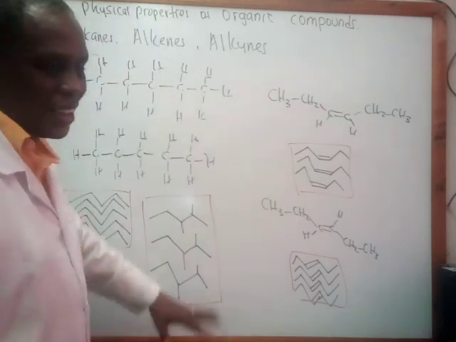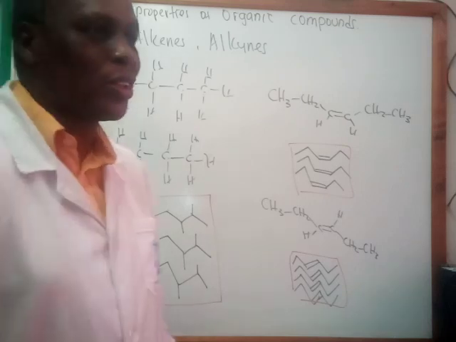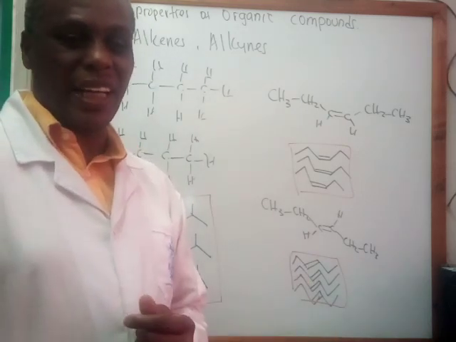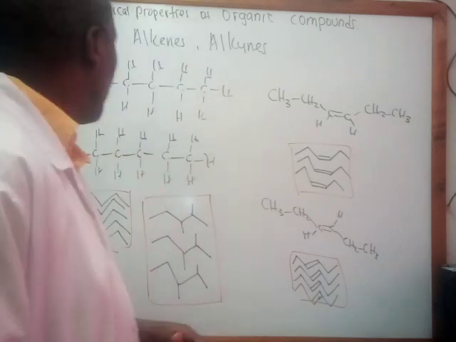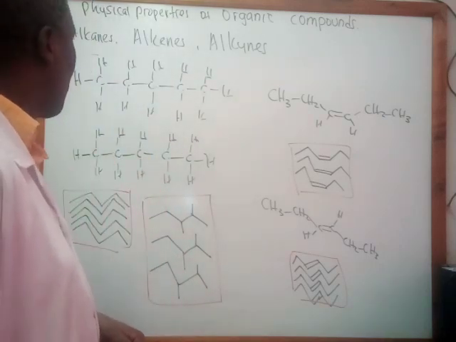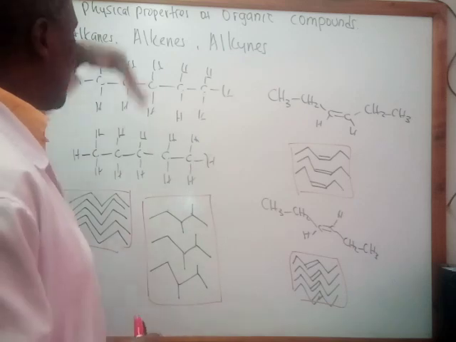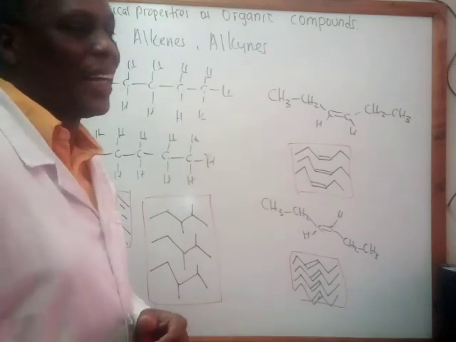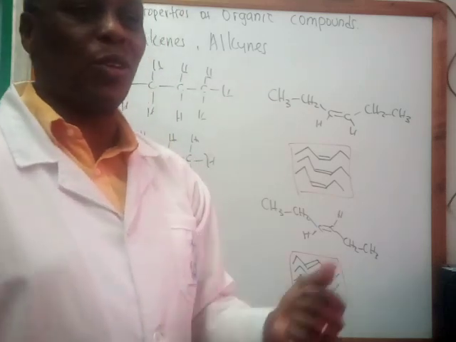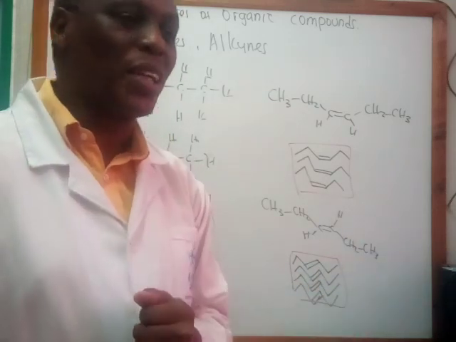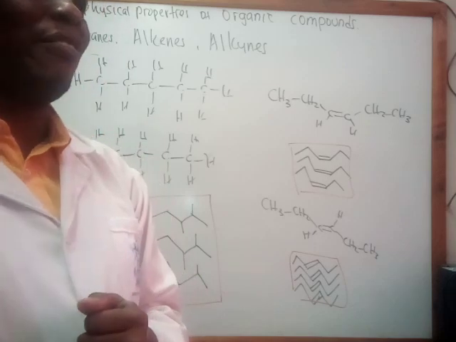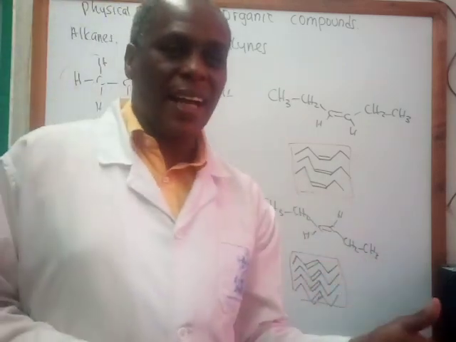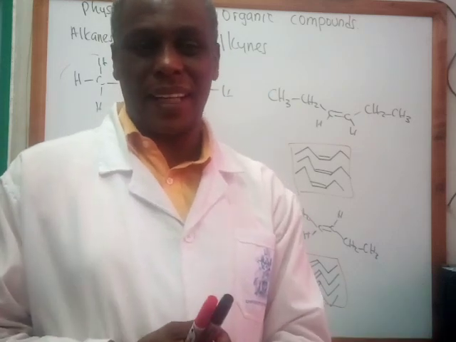So the branching causes the boiling point to be low, because there are lower intermolecular forces. So this argument applies for alkanes, alkenes, and alkynes. These are just hydrocarbons. They've got carbon and hydrogen, and as you know, there is very little electronegativity difference between carbon and hydrogen.